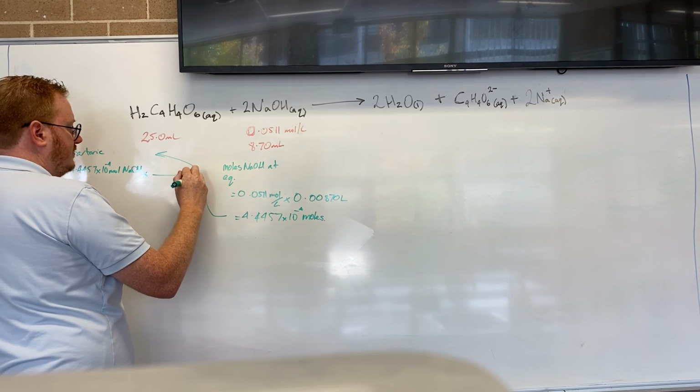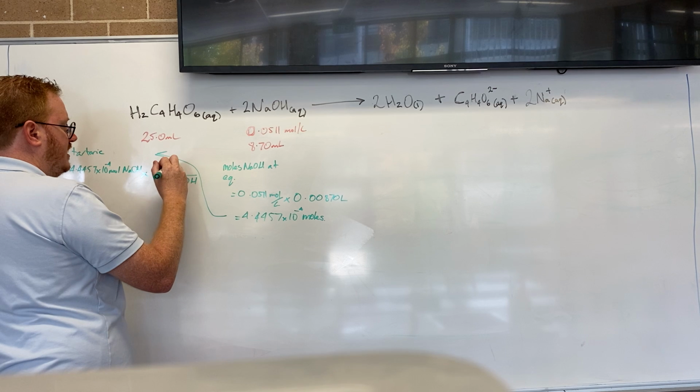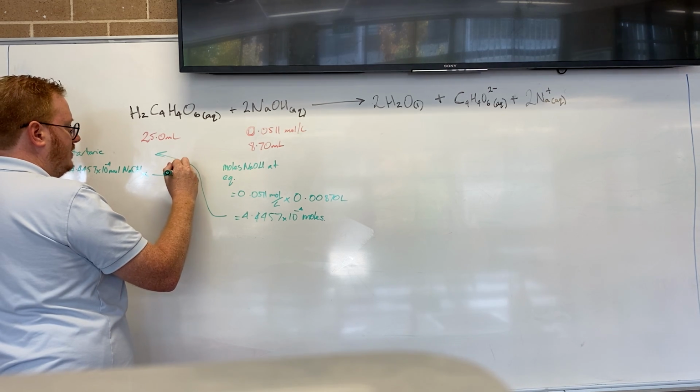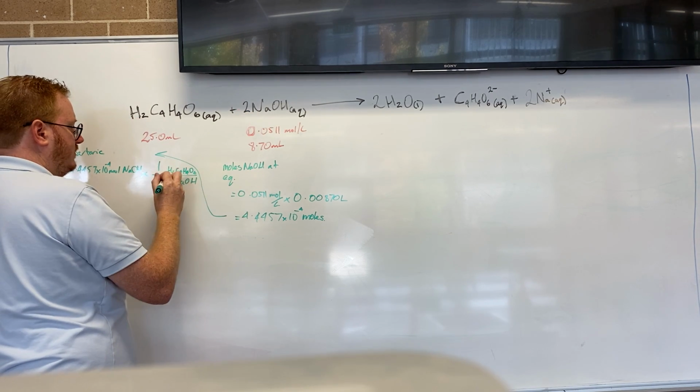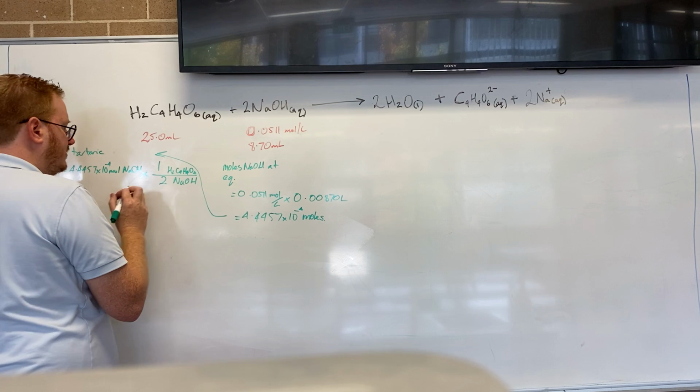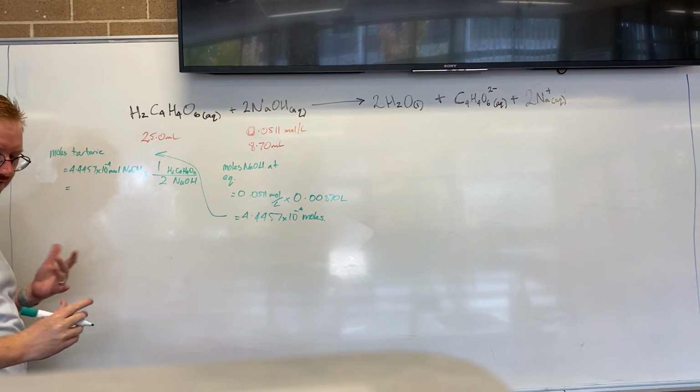So sodium hydroxide will go on the bottom, so it cancels out. The tartaric will go on the top. What's the number in front there? 1. What's the number in front there? 2. So we're going to take the number of moles and multiply it by half, or divide it by 2.